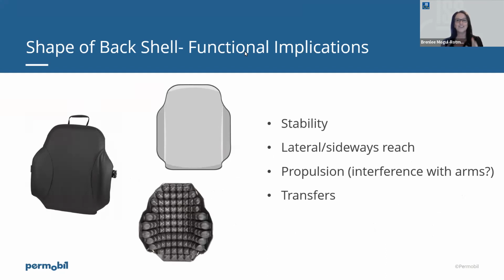So it's really important not just to look at the client in that static seated position. You've got to look at them, let them move around and let them do some of their functional tasks, because you might think that they're sitting beautifully, but then they go to lean over to the side to reach something and you realize that we've put too much contour and they're locked in place. So we always know that there might be that compromise between alignment and function.